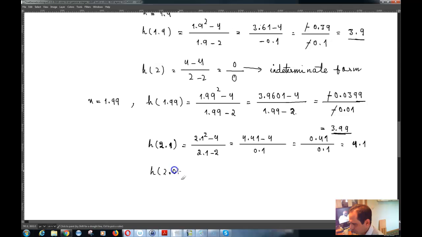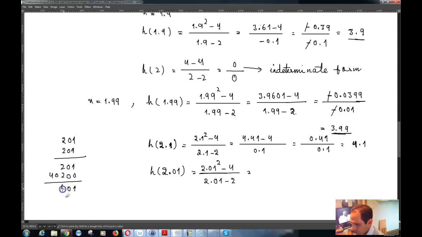So h of 2.01 would give you 2.01 raised to the power 2 minus 4 over 2.01 minus 2. 2.01 squared is 4.0401, so 4.0401 minus 4 over 0.01, which is equal to 0.0401 over 0.01, which is equal to 4.01, very close to 4.